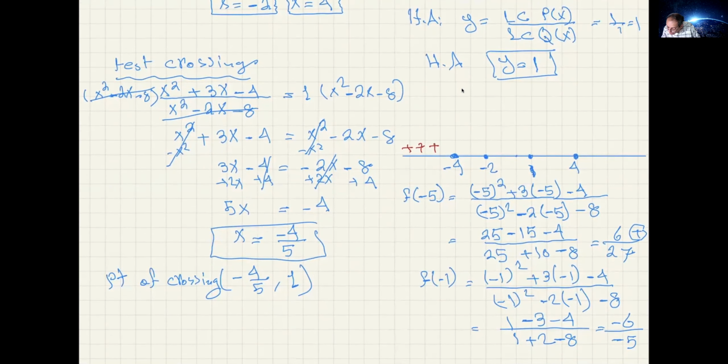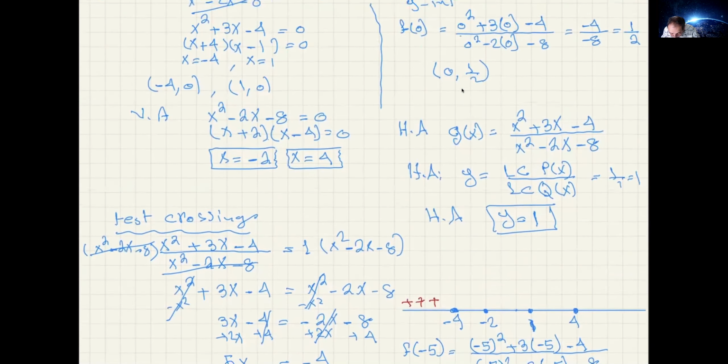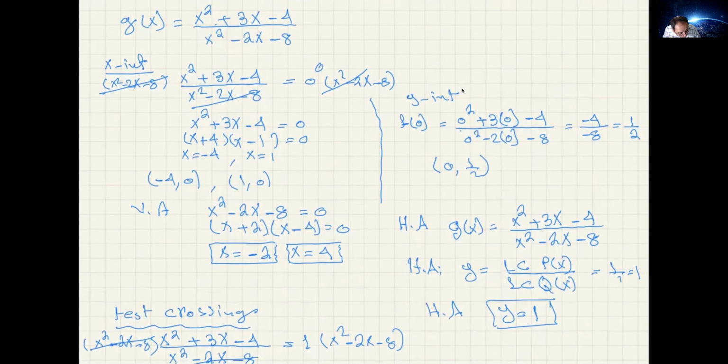So negative 2 and 1, let's try 0. I think 0 would be easier than that. So f of 0 is 0 squared. Okay, I think I wrote the function wrongly.